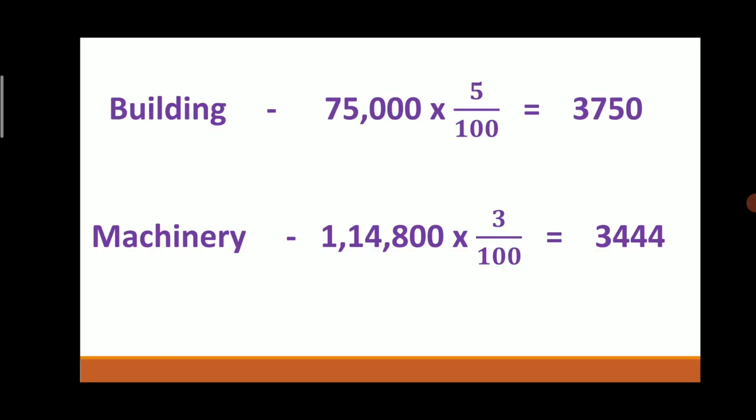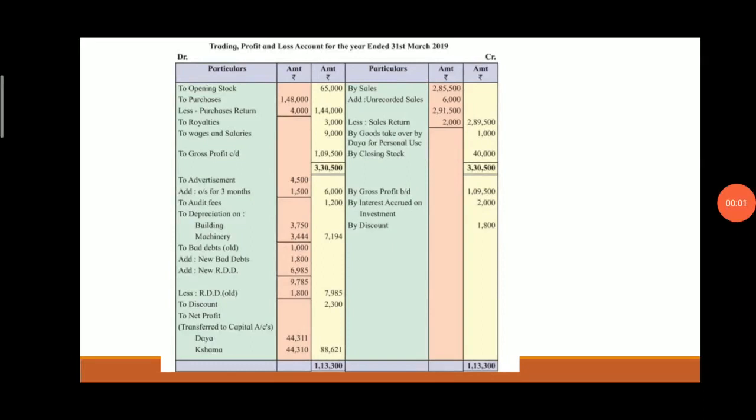Now we are going to give effect to both the amounts. Children, here we are in the trading and profit and loss account. As I told you, depreciation is a loss for the company. So this is the depreciation on building, 3,750, and machinery's depreciation amount, 3,444. The total amount of the depreciation will be 7,194.